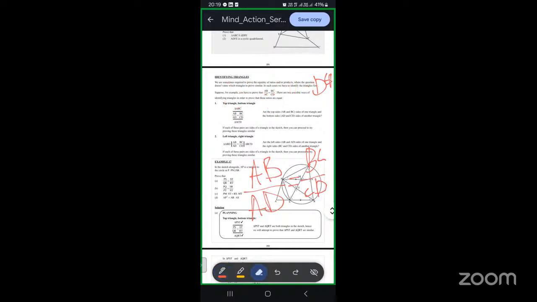Now in this part that we are in now, you are not required to prove the similarity. But in order for you to prove this, you have to prove the similarity first. So you have to just identify those triangles yourself using the information that you are given in the equation. This is how you are going to look for those triangles that you will use to prove the similarity.